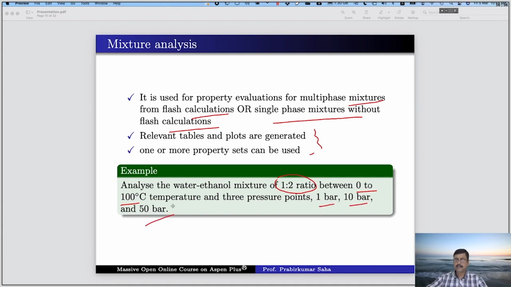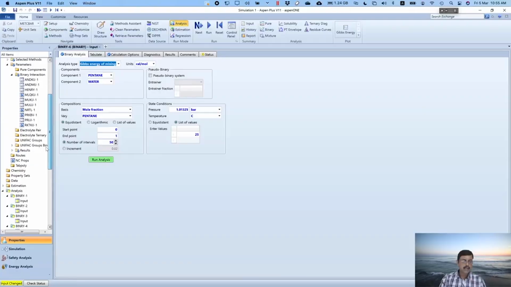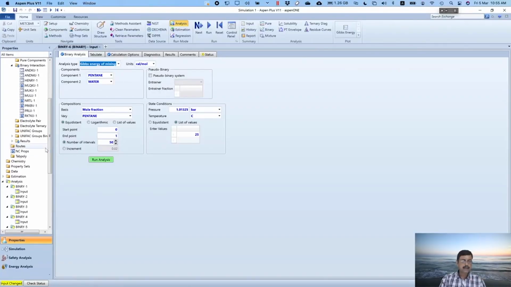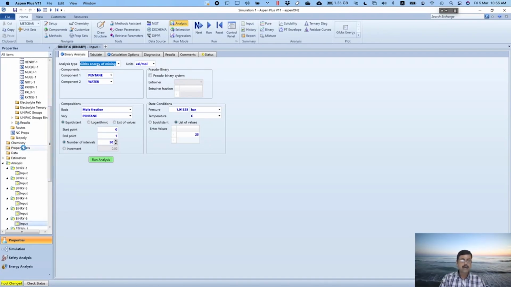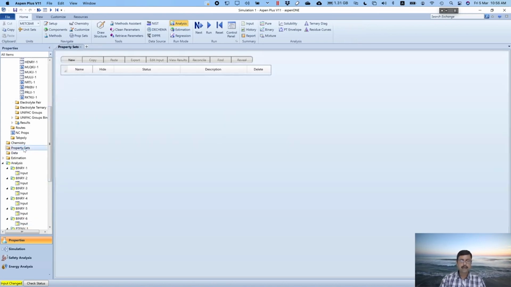So let us take this mixer analysis. Before that you need to prepare a property set. In the previous lecture we learned how to set a property set.